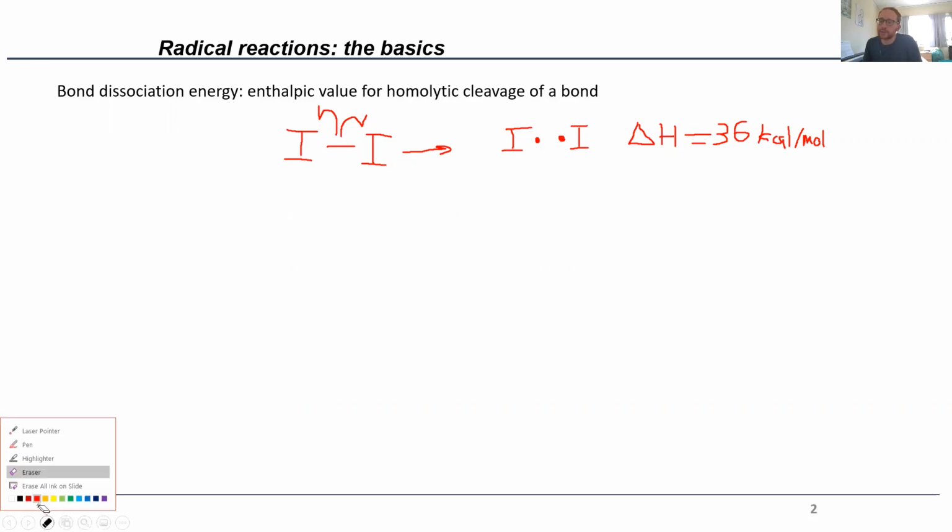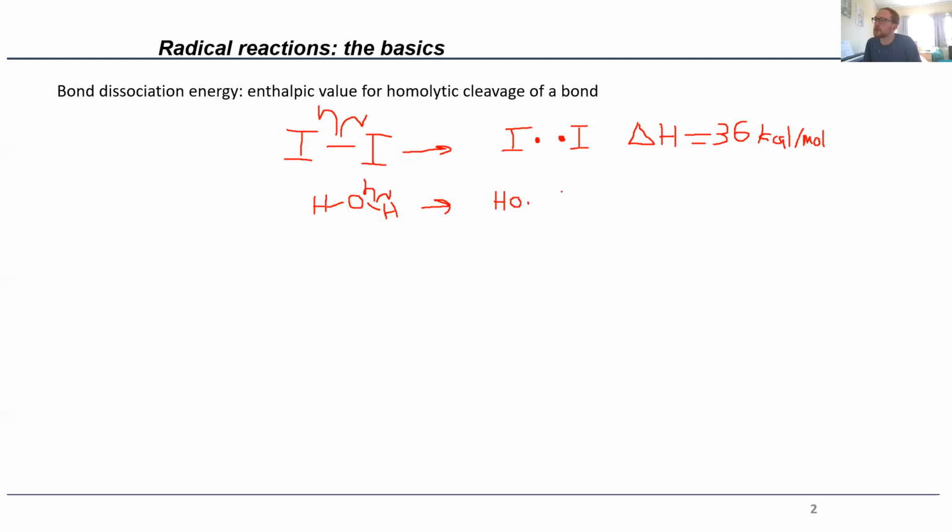And so we can also show the homolytic cleavage of the OH bond in water, to form this hydroxy radical and the hydrogen radical. And in this case, the BDE is 119 kilocalories per mole.